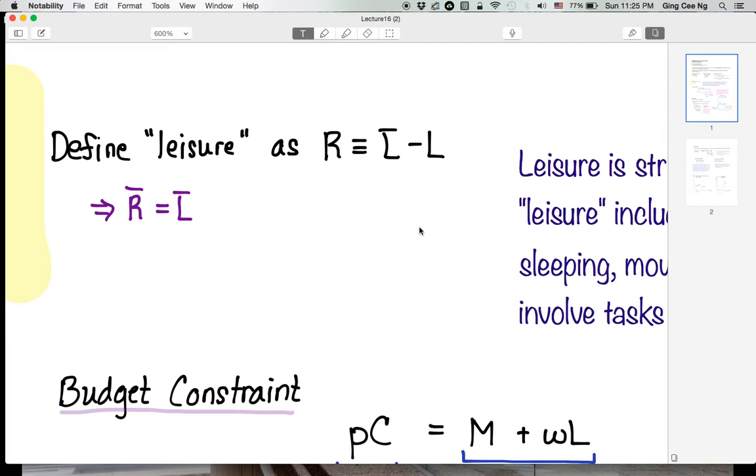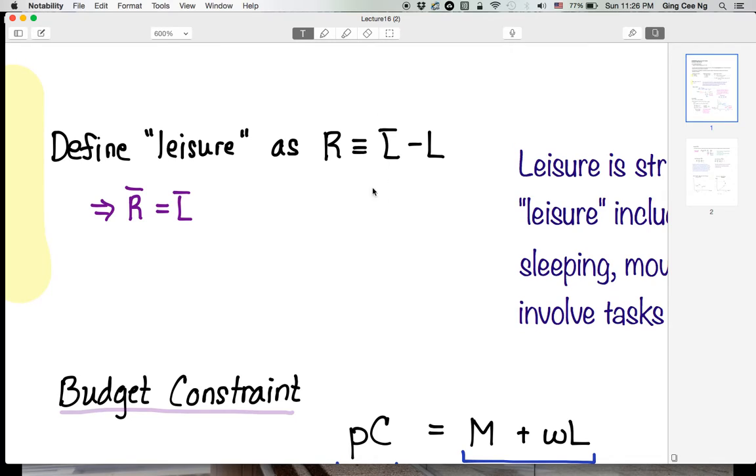Anyways, let's say you were working 4.8 days out of 7 days, then you would have something like 2.2 days of leisure out of that time endowment. And since your time endowment is measured in terms of days, which is your unit, then the wage W that you're going to have, your price of leisure, your price of working, is going to be a daily wage, okay?